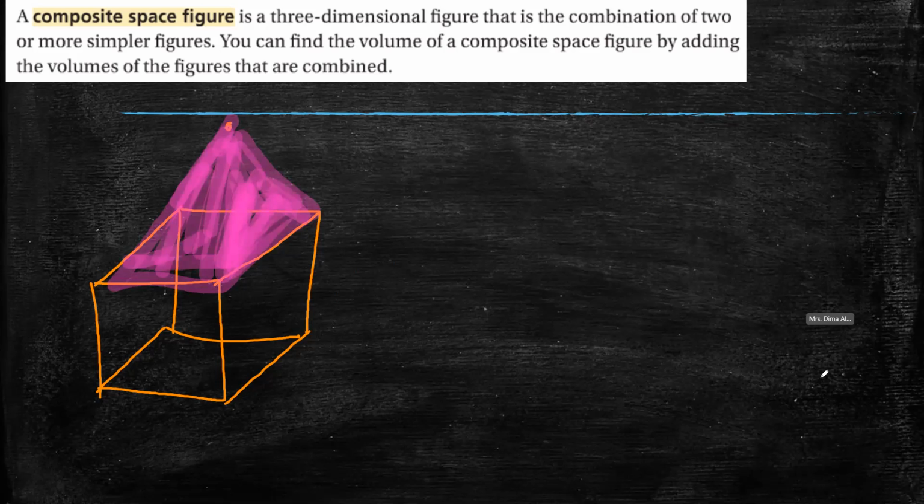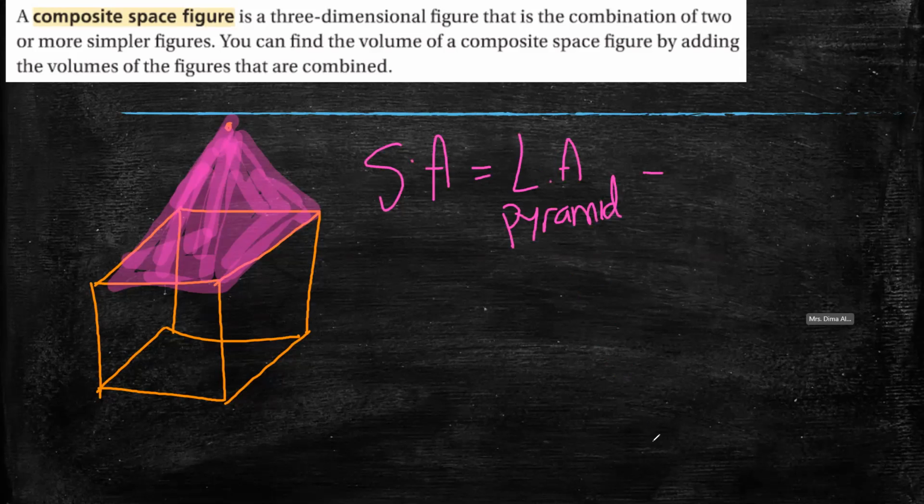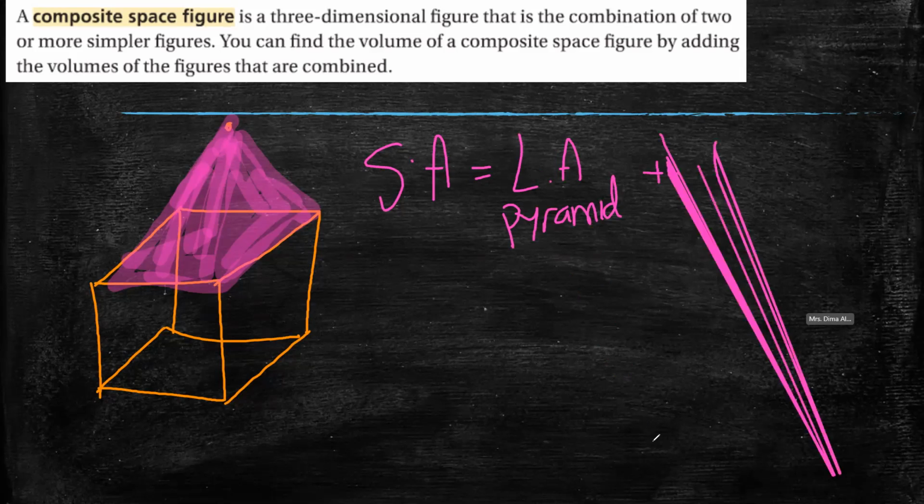Now for this one, be careful, if you want to find the surface area, what did we say? We find the lateral area of the pyramid plus the lateral area of the cube.